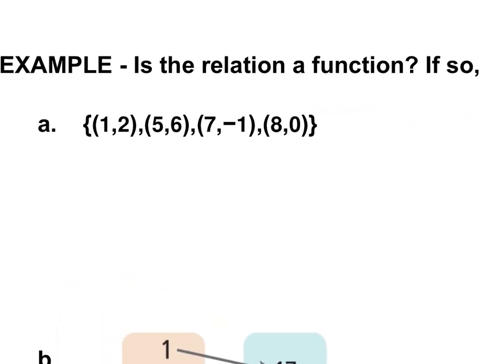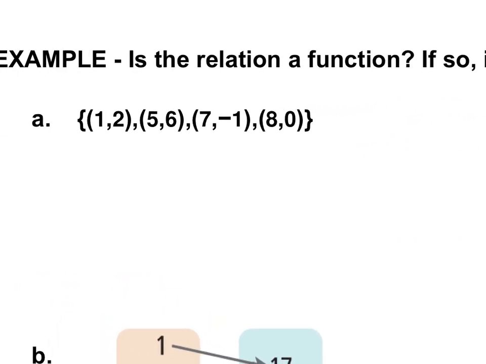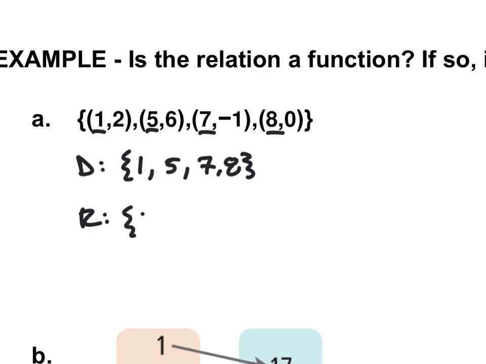So here's the first thing. If I want to list out, okay, what's my domain? Well, my domain is 1, 5, 7, and 8. And remember, I'm just listing off my x values when I'm looking at that. If I look at my range, it is 2, 6, -1, and 0.